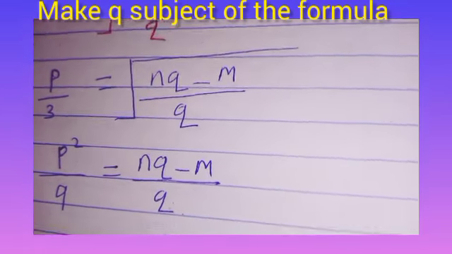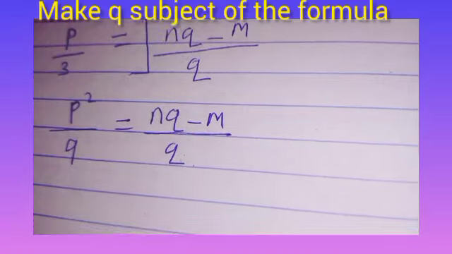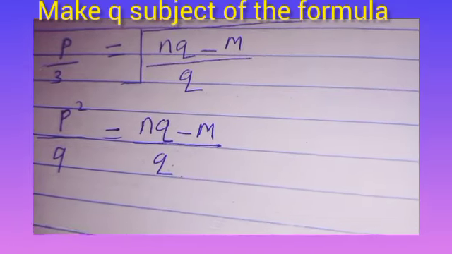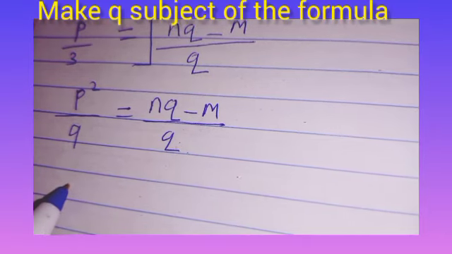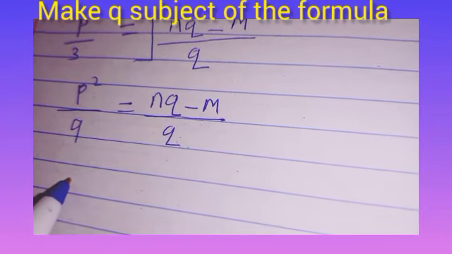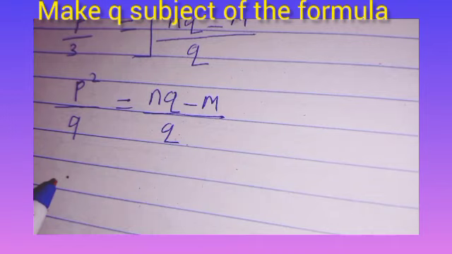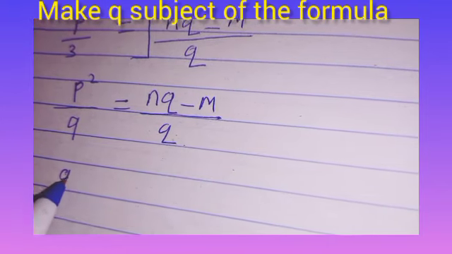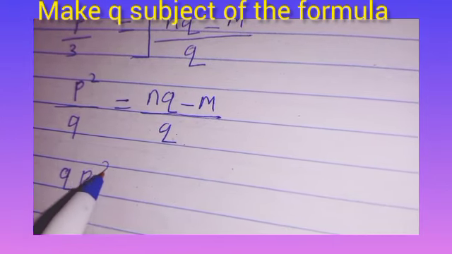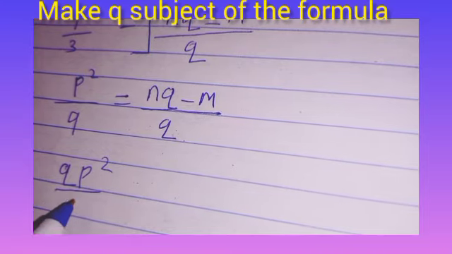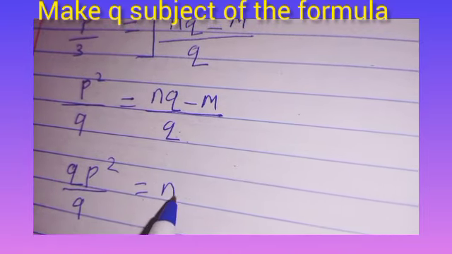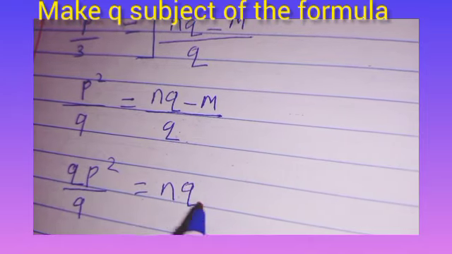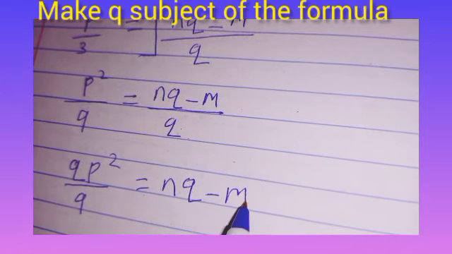The next thing here is you multiply both sides by Q. So you are going to have Q P squared divided by 9 is equal to NQ minus M.